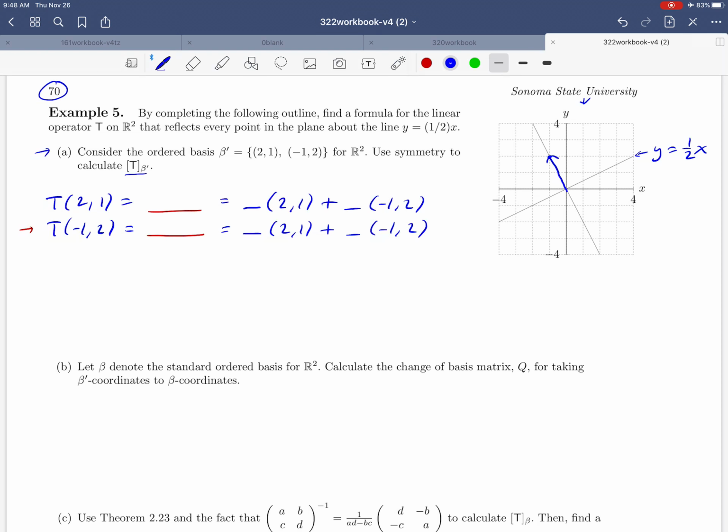And to get T of (-1, 2), we want to take that vector that we just drew and reflect it straight through the line 1/2 x. The nice thing about that vector, (-1, 2), is that it happens to be perpendicular to our line. And so T of (-1, 2) is going to come out exactly opposite to it, like that. So T of (-1, 2), then we can see from the picture, is going to be (1, -2).